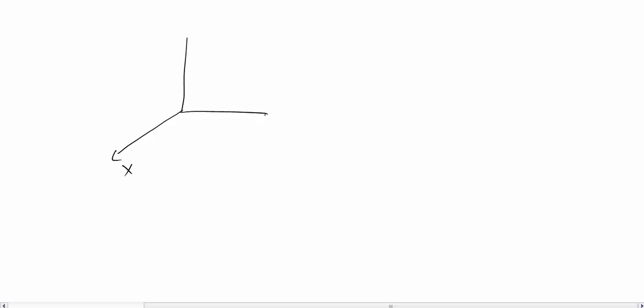For an example, if we think of having our x, y, and z axis here, then we said that we have our unit vectors i, j, and k, where i is 1 unit this way and j is 1 unit this way. So here we have i and j.